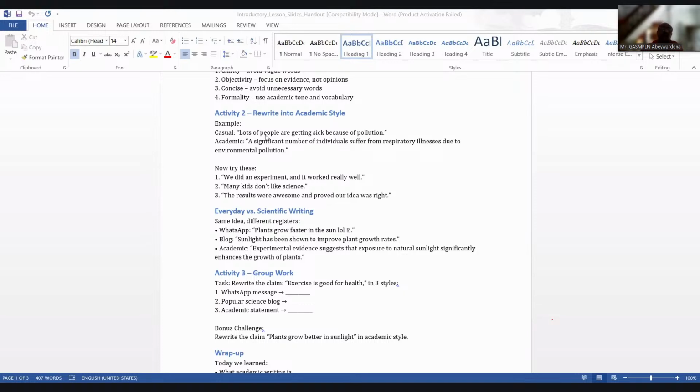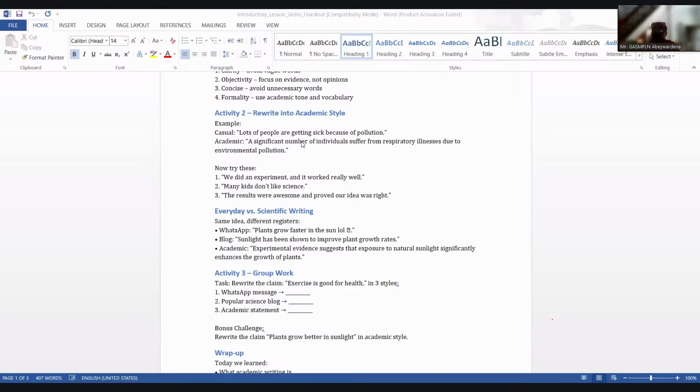Casual one: Lots of people are getting sick because of pollution. Right. Look at academic: A significant number of individuals. Can you see, even "people" has not been used. Lots, a significant number, same.